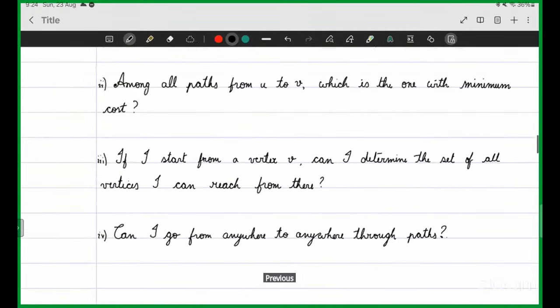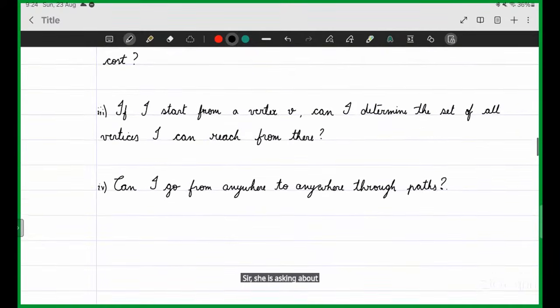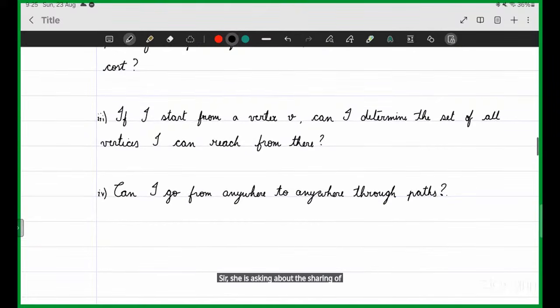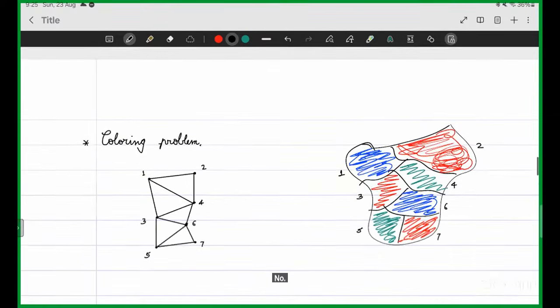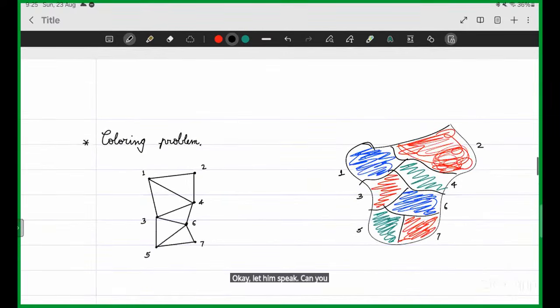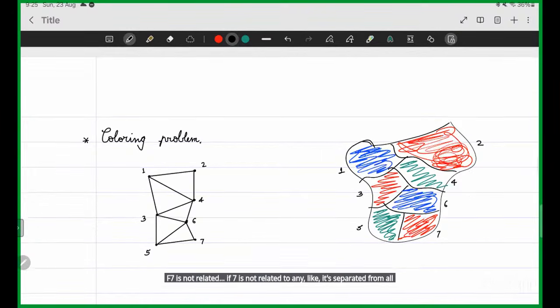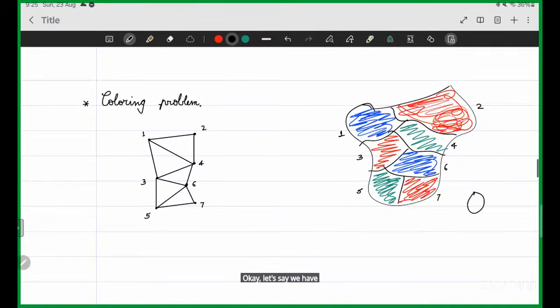She is asking about the sharing of borders, I think. Can you say it more clearly? If 7 is not related to any other vertices, like it's separated from all of them. Okay, let's say we have an island over here. Let's put another island over here. So I can give it any color that I want. That's okay.